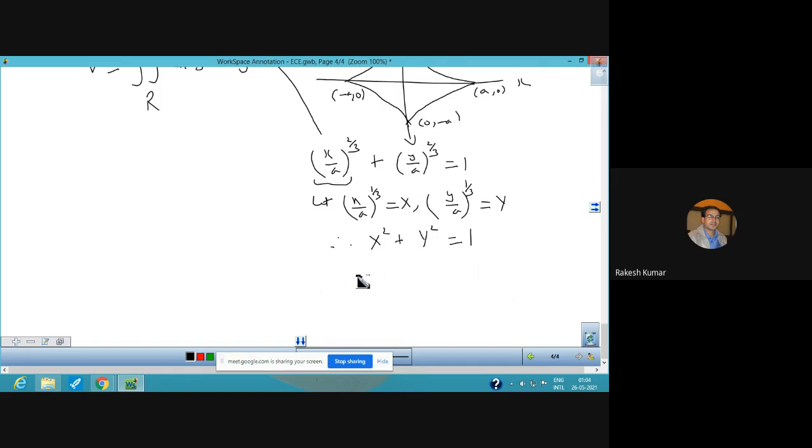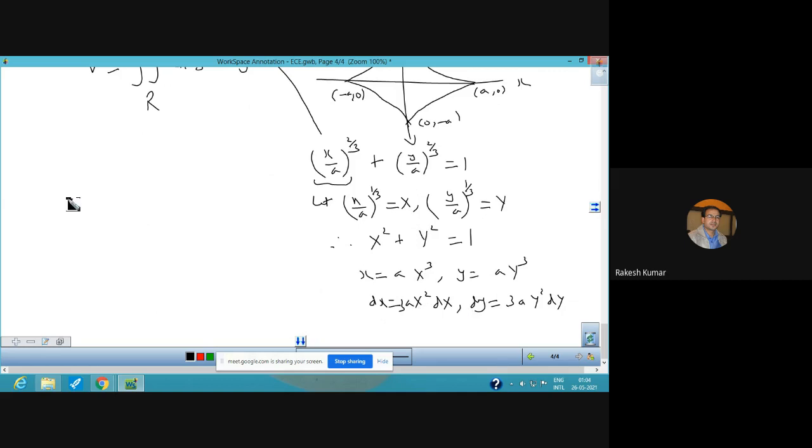And your value of small x is a X cube, small y is a Y cube, and your dx can be calculated, that is 3a X square dX. dy can be calculated as 3a Y square into dY.